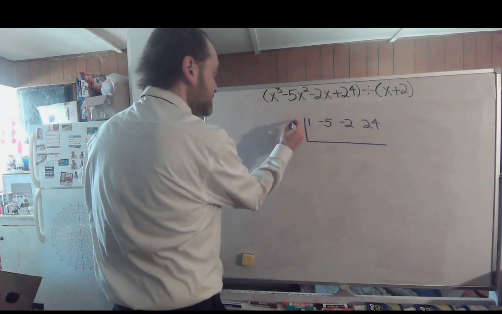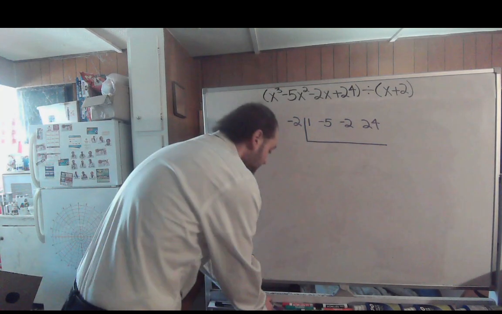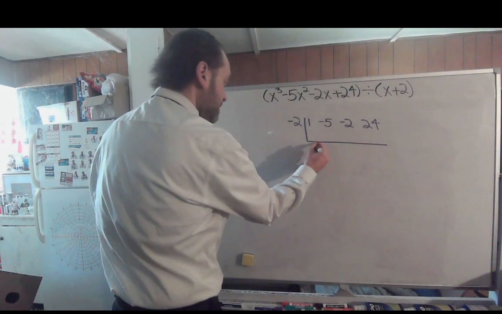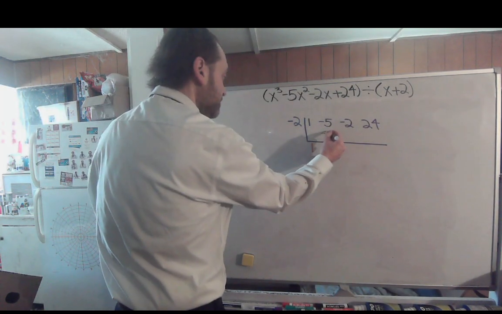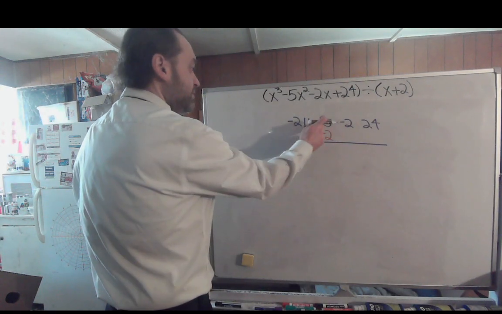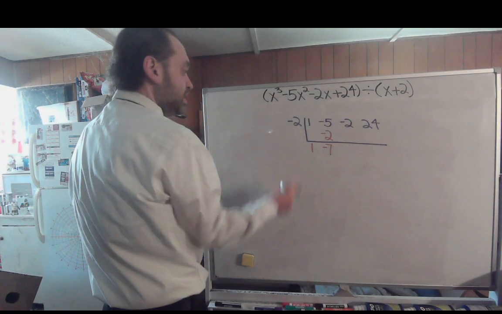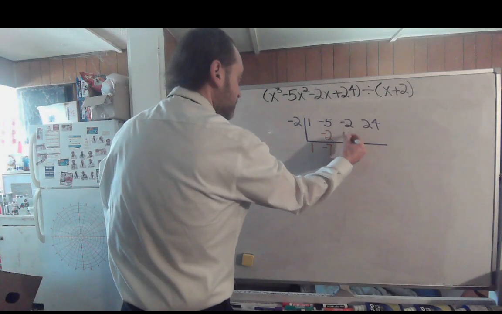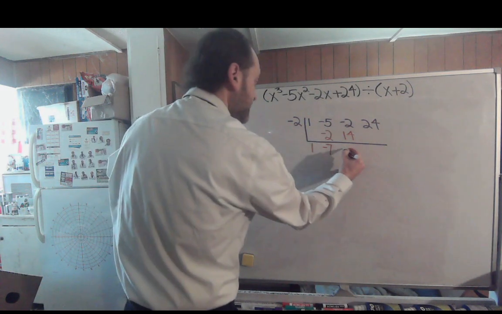So you're actually going to divide by negative 2. What you're going to do next is bring down that first number, that 1, from above. Alright, so what's negative 2 times 1? That's negative 2. So negative 5 plus negative 2 is negative 7. And then negative 2 times negative 7 is positive 14. Negative 2 plus 14, that's negative 12.